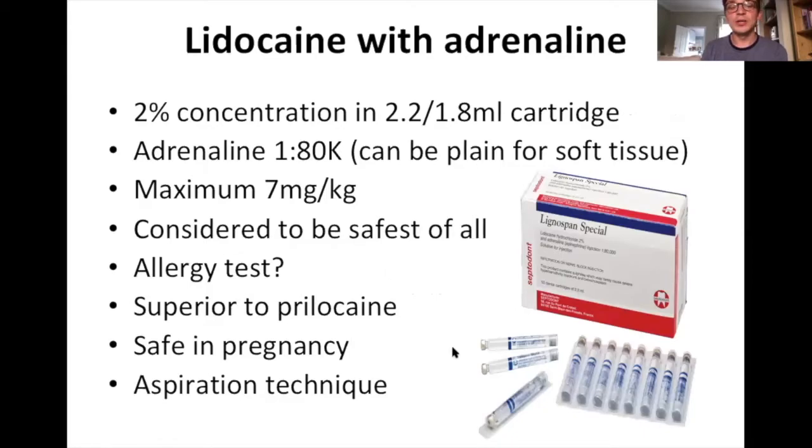A couple of local anesthetics here are available in the market. I'm just going to go through them quickly. There's Lidocaine, which I'm pretty sure you're familiar with already, with a maximum of 7 milligrams per kilogram. We always struggle with how to calculate, but it's about 7 cartridges per average adult.